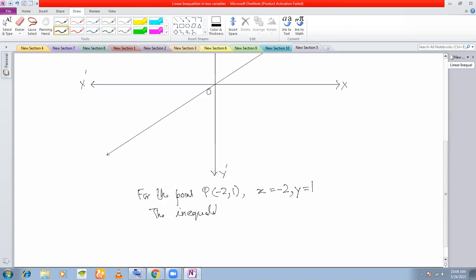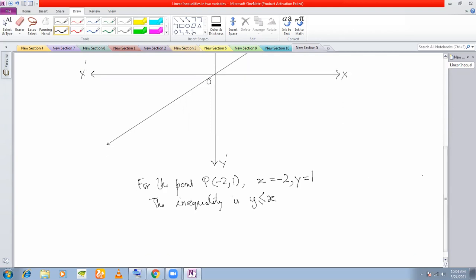The inequality is y less than or equal to x. Now for x equal to -2 and y equal to 1, you put here. What do you have on the right hand side? On the left hand side you have y, so 1. Question is, 1 less than or equal to?